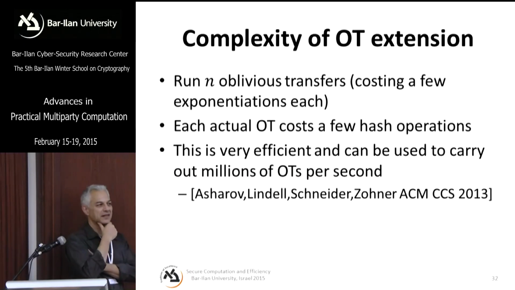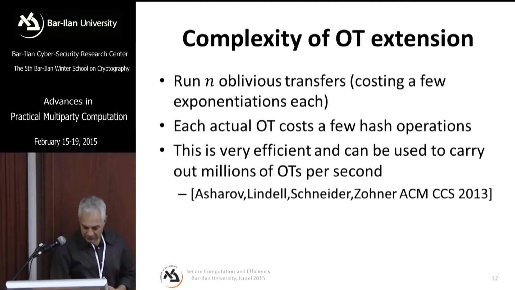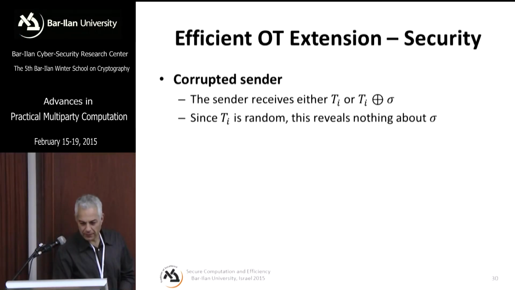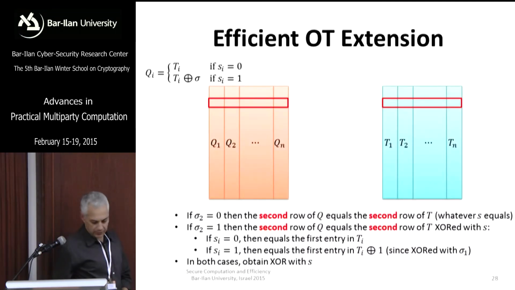One nice thing that they discovered was that a bottleneck of the computation was computing a matrix transpose. Okay, if we go back, we had this matrix here, and the sender learned columns of this matrix.